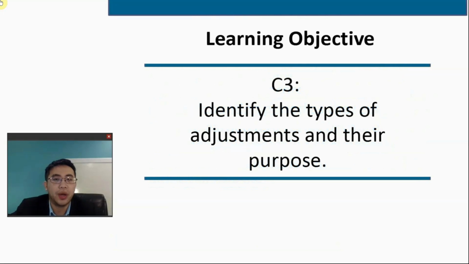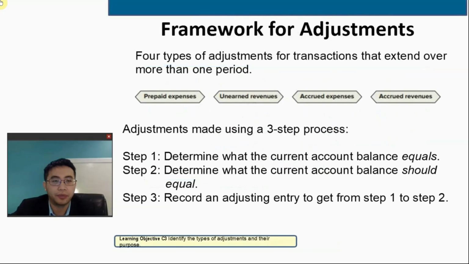Now we're going to learn how to identify the types of adjustments and their purpose. We have 4 types of transactions that extend over more than one period: prepaid expenses, unearned revenues, accrued expenses, and accrued revenues. We are going to take 3 steps to record these transactions.